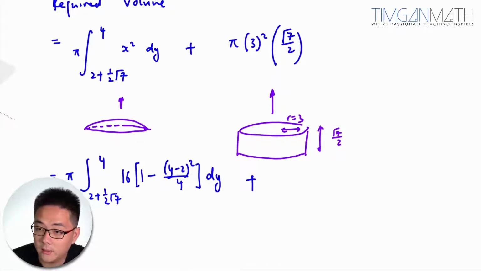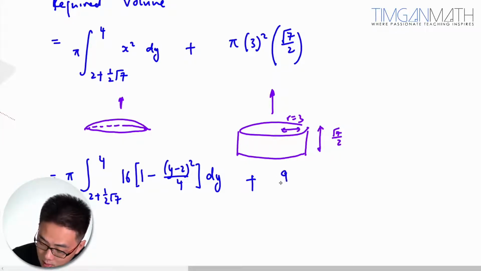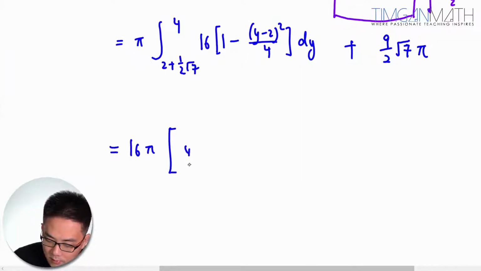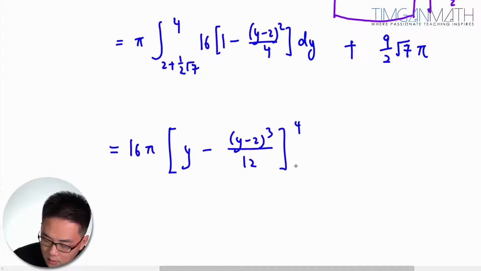So this is 9 over 2 root 7, the volume of the cylinder, 2 root 7 pi. Okay, and 16, bring it out, 16 pi. After which we just have y minus 2 cubed over 12, from 2 plus root 7 to 4.